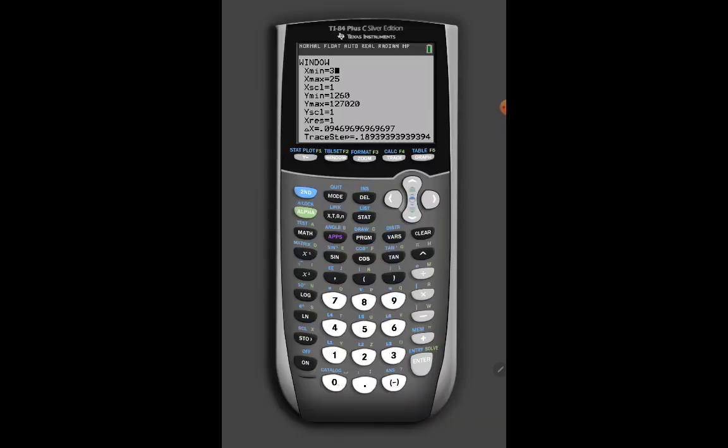So let's say 30 to 100. The reason why I'm using these numbers is because I saw it was going down the farther we increase the number of models. And then our Y value, we're looking for 700. So let's just say 500 minimum and 900 maximum.